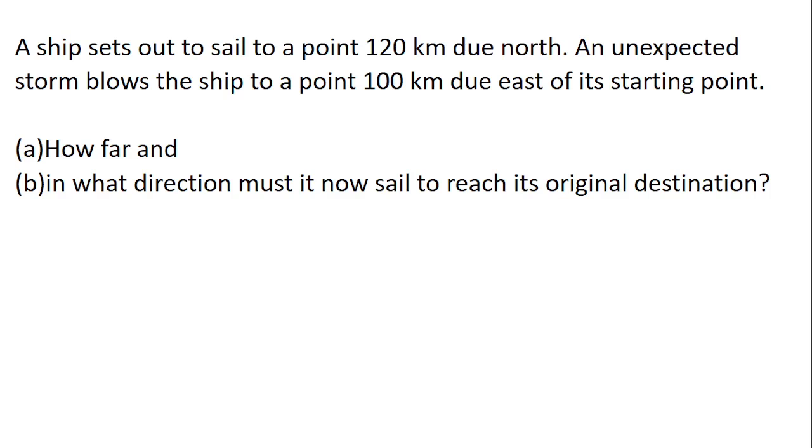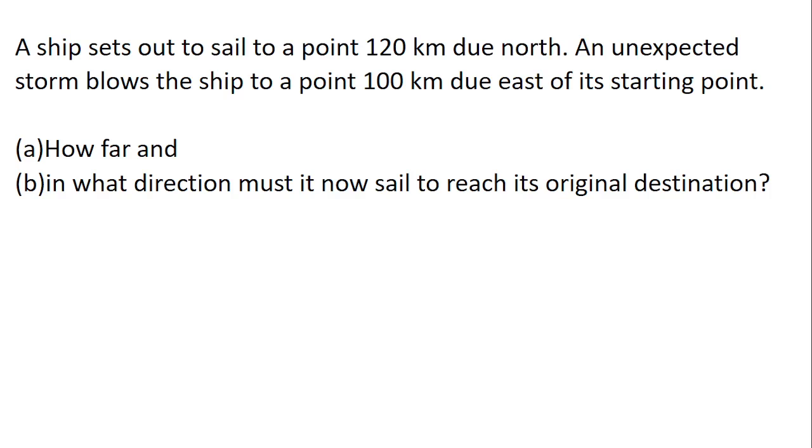So the next question is, a ship sets out to sail to a point 120 kilometer due north. Okay, an expected storm blows the ship to a point 100 kilometer due east of its starting point.